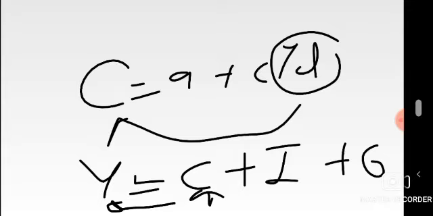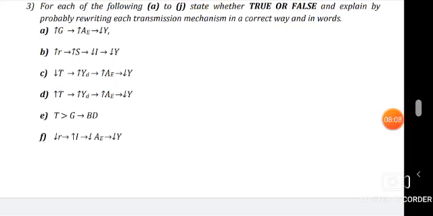If taxes go down, disposable income increases. That was correct so far. But the fact that it ended with Y going down made it wrong, because if disposable income increases, it is a component of consumption, and consumption is also a component of Y. Hence, Y should also go up. So C is false.